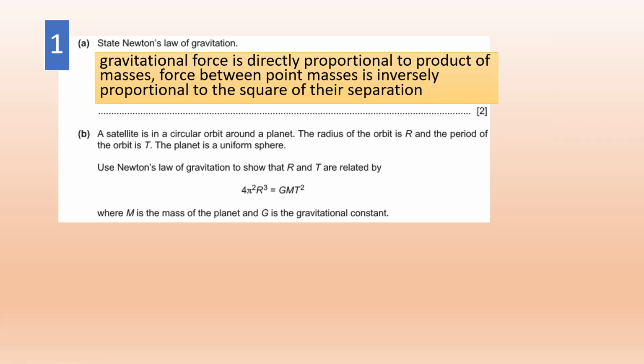Basically, you see each other, like you see me and you as a point, because we are very far apart. So the idea of point masses is that the two bodies are far apart. The condition would be that the distance between the bodies is very much greater than the size of the bodies. Then the bodies can be considered as point masses.